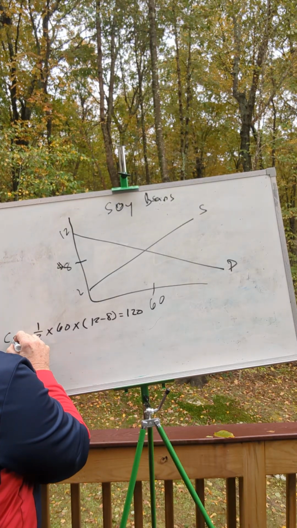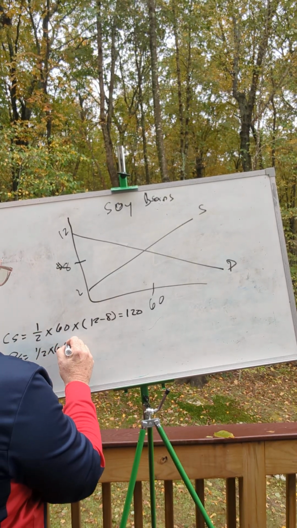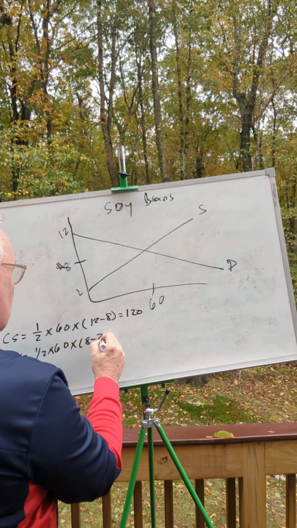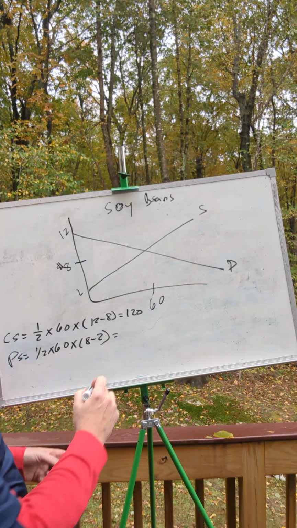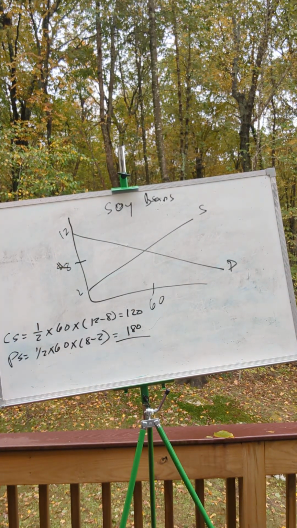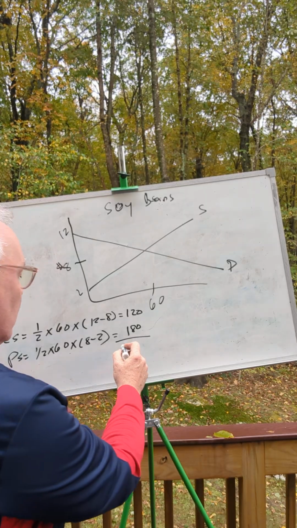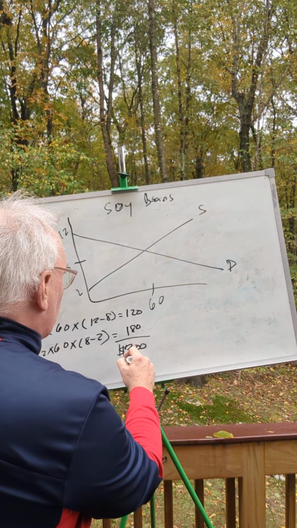And then that's the consumer surplus. And the producer surplus would be 1/2 times the quantity times the price minus the intercept on the supply curve. And in this case, that would be 180. And so the total surplus in the economy would be $300.